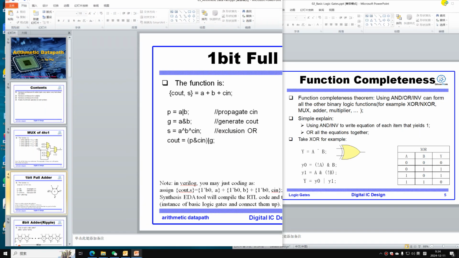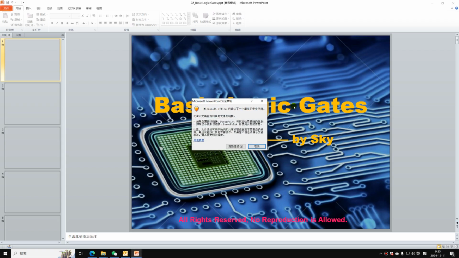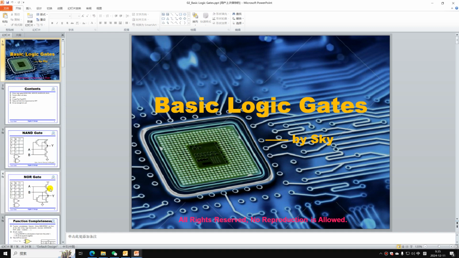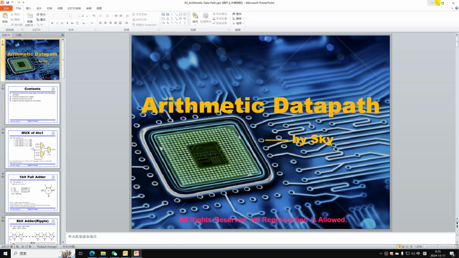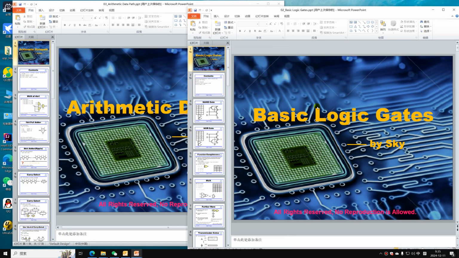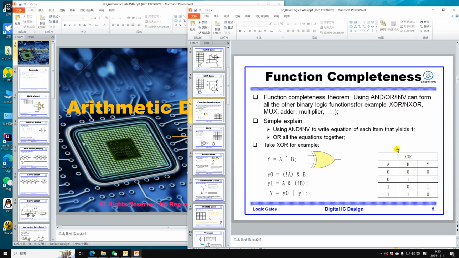Yes, you may say, oh, this is different from what you have been told in the last chapter. We have told you that you can use the truth table to calculate the final equation for any logical function.